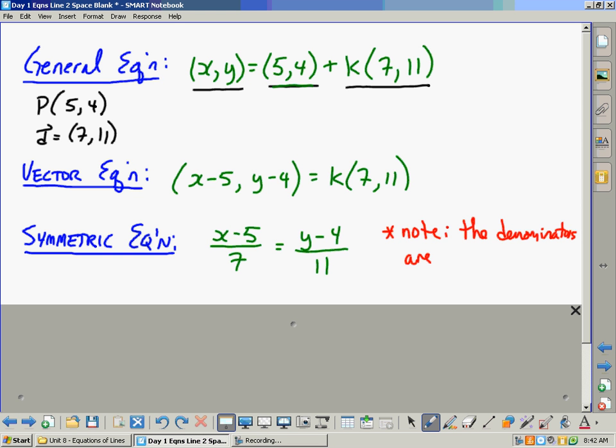Those things are called direction numbers. So direction numbers are the numbers in the direction vector, and it tells you where to aim your vector. Okay, so there's symmetric.